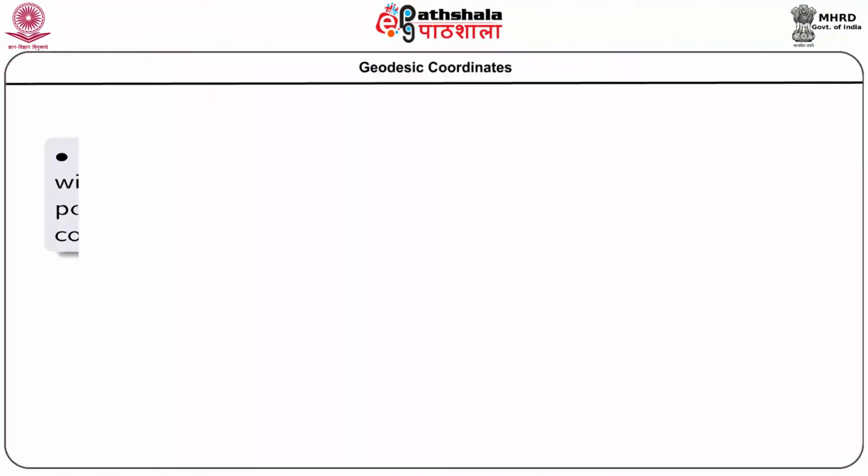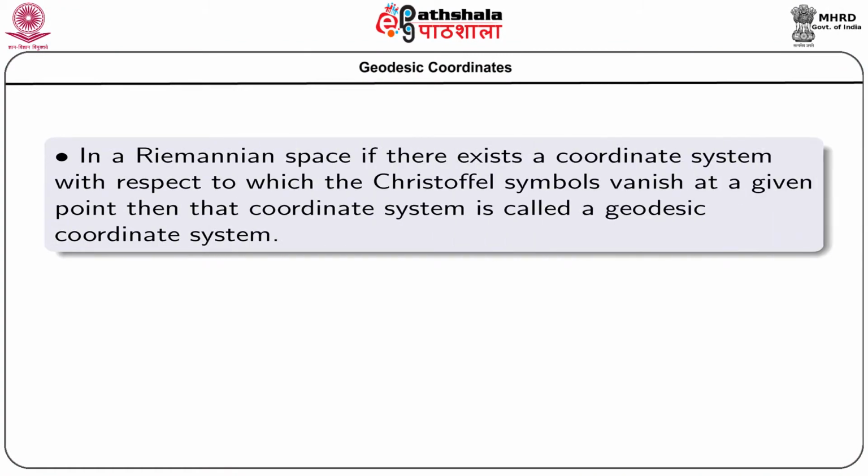So, now let us see two very important concepts, the geodesic coordinate system and the field of geodesics. In section 2 and section 3 of this module, we shall learn about two things.